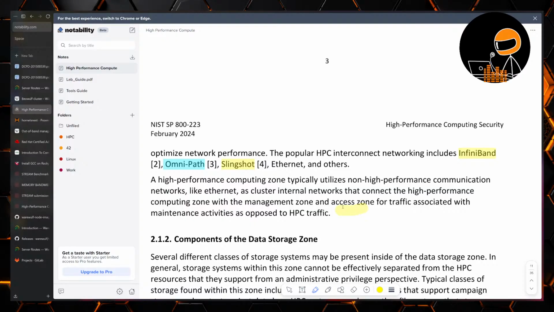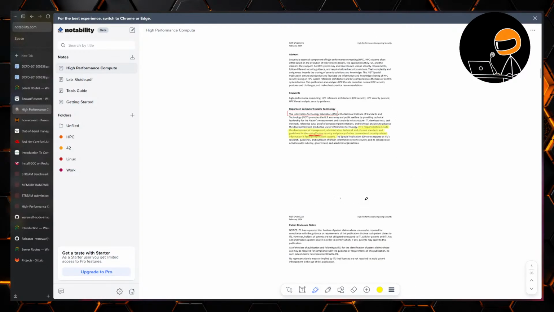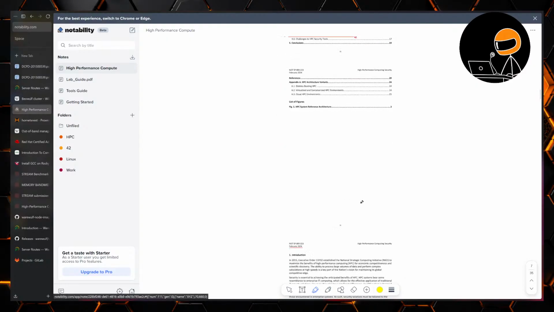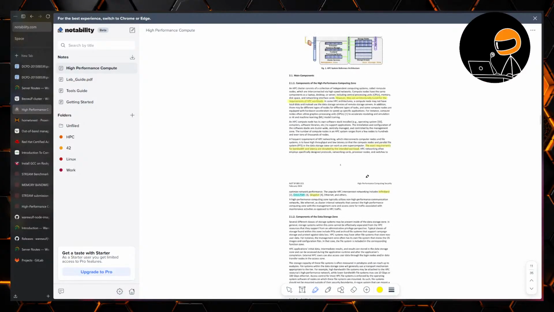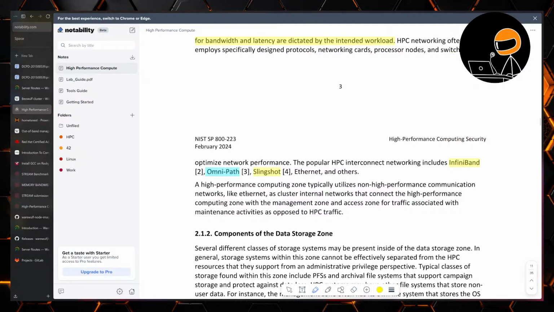Dude, I don't know what is going on sometimes with this computer. Ethernet. So Ethernet.